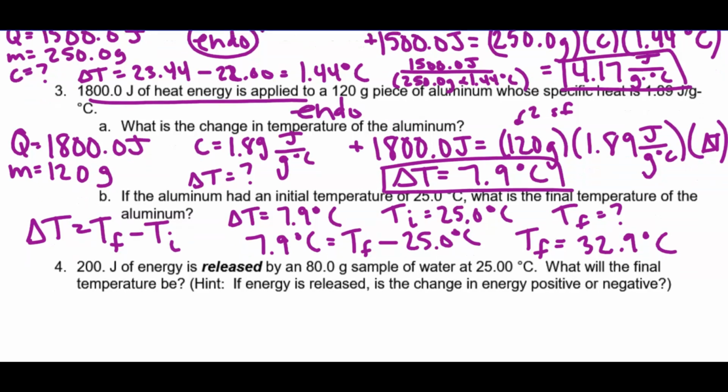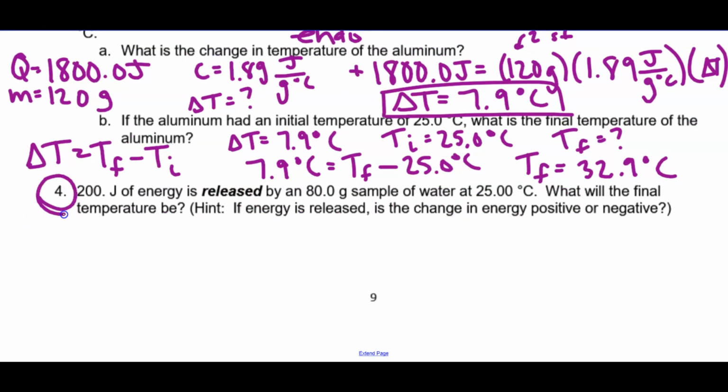Okay, I'm going to leave number 4 for you to try on your own. I will give you the final answer for this. It's going to be 24.4 degrees Celsius. So I would like for you to try this one on your own and see if you can get to that correct answer.